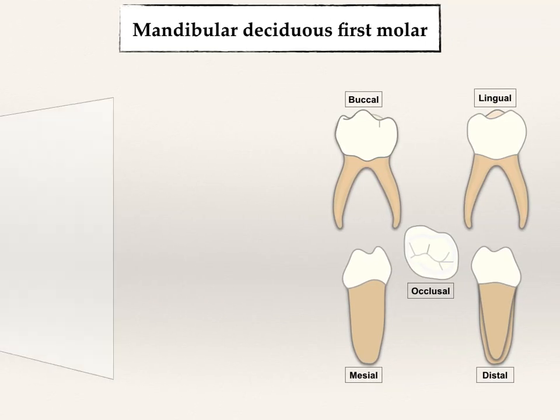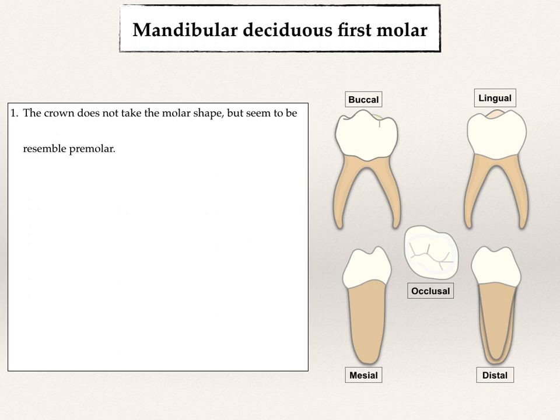Mandibular deciduous first molar. As with the maxillary deciduous first molar, the crown does not take the molar shape but resembles a premolar, and it does not have a definite cusp form.